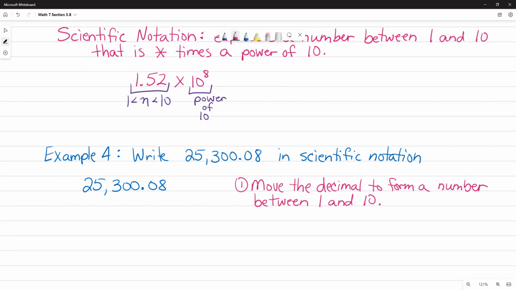And we need to move it. Are you still copying? All right. Where would I need to move my decimal to make this number greater than 1 but less than 10? Where do I need to move my decimal? Say greater than 1 but less than 10. So I'd move it right here, between the 2 and the 5.